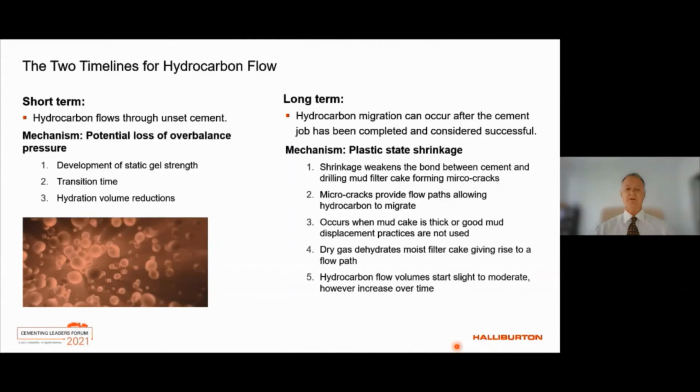This shrinkage weakens the bond between the cement and mud filter cake, creating a micro crack, which in turn provides a conduit for hydrocarbon migration. This shows the need for excellent mud displacement and filter cake removal practices to prepare the annulus for primary cement. It is usually observed that hydrocarbon flow volumes start off small, however increase over time as the filter cake is dehydrated.